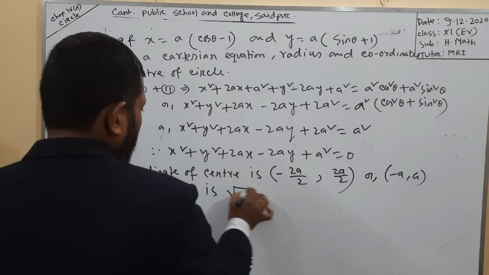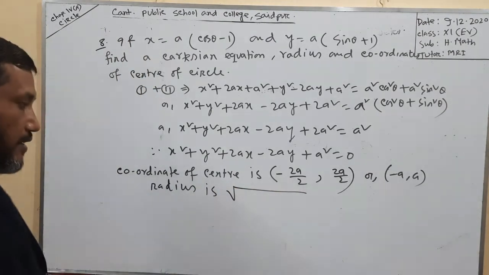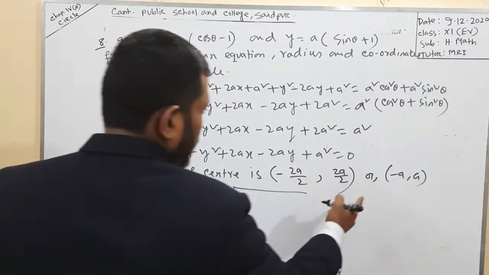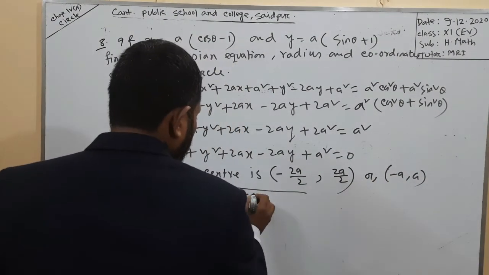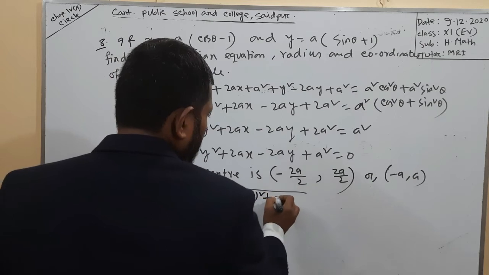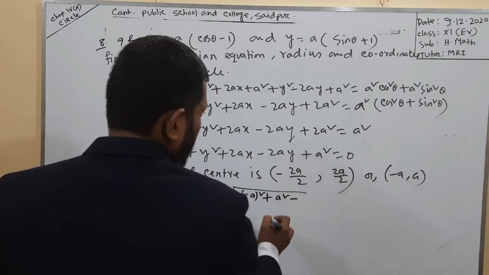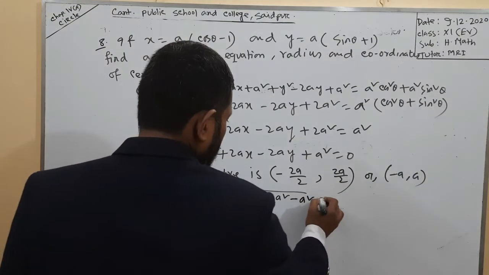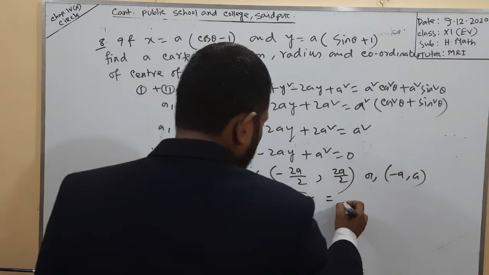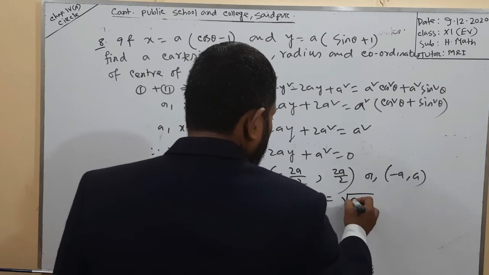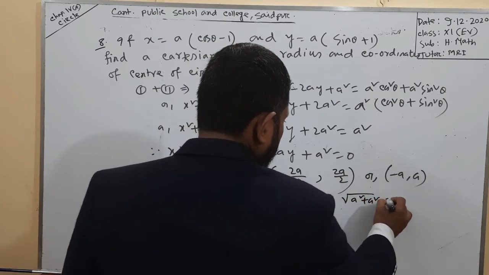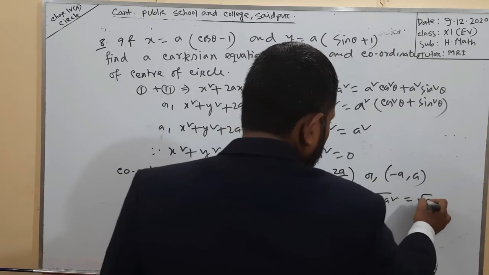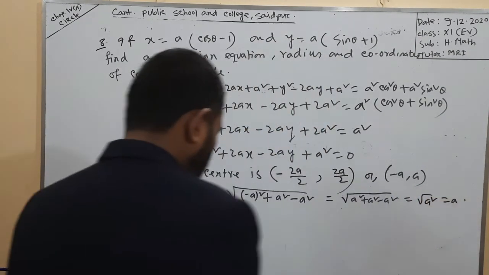The radius is the square root of g square plus f square minus c. So here, minus a square plus a square, here c is a square, that is, we got square root of a square plus a square minus a square, which is a.